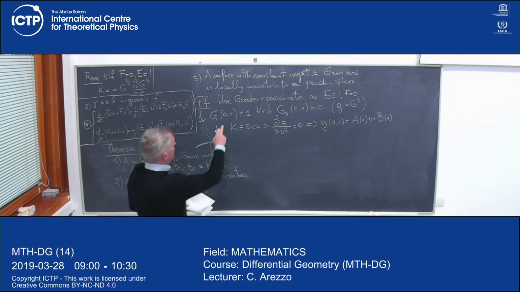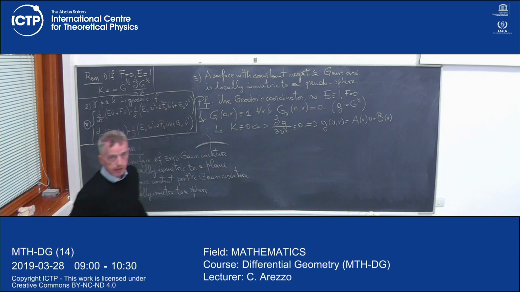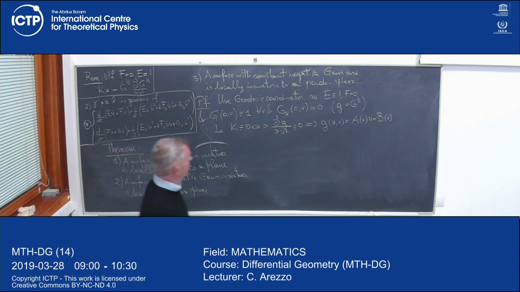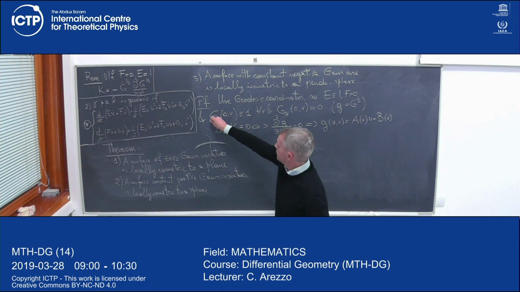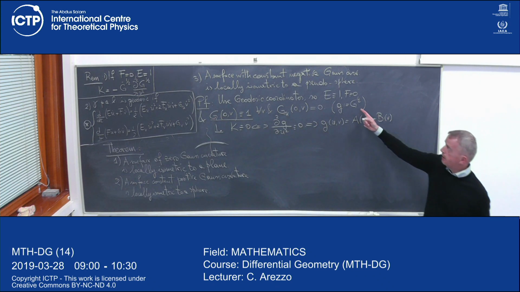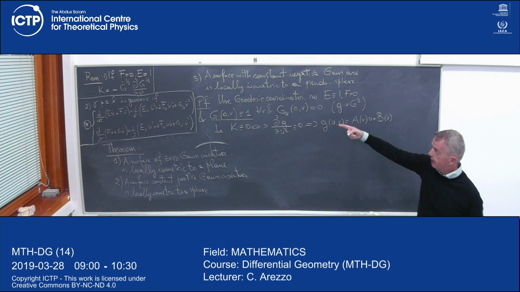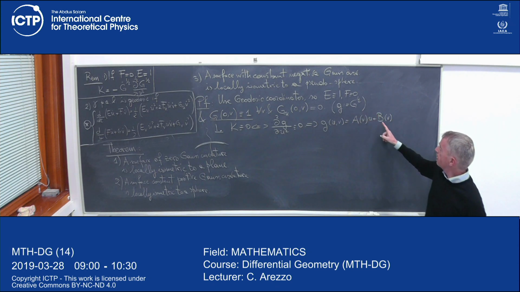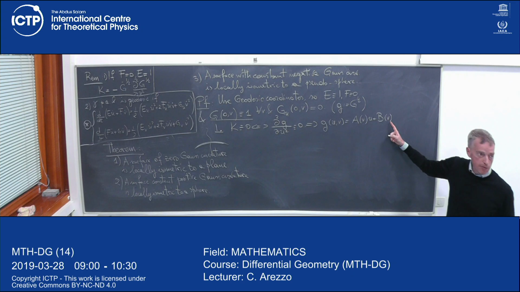But then I can use the initial data, the little I know. If I put u equal to 0, which translates into the fact that little g has the same property, this term disappears, and this tells me that b of v is equal to 1.